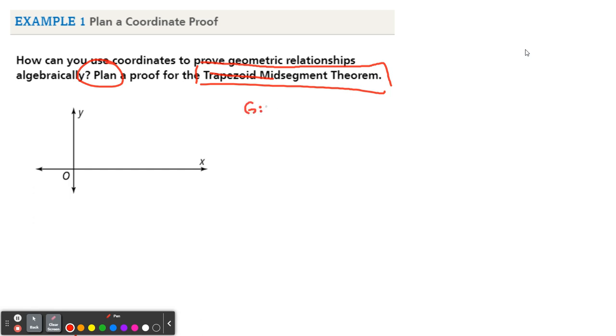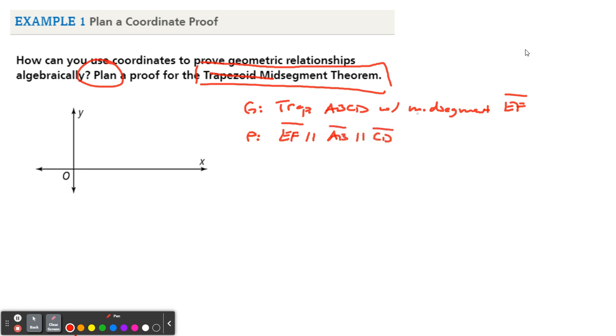So, given, we're going to have trapezoid A, B, C, D with midsegment EF. We need to prove that segment EF is parallel to both bases, and we'll make the top base AB, we'll make the bottom base CD. Oh, I'm sorry. We're gonna make the top base AD.